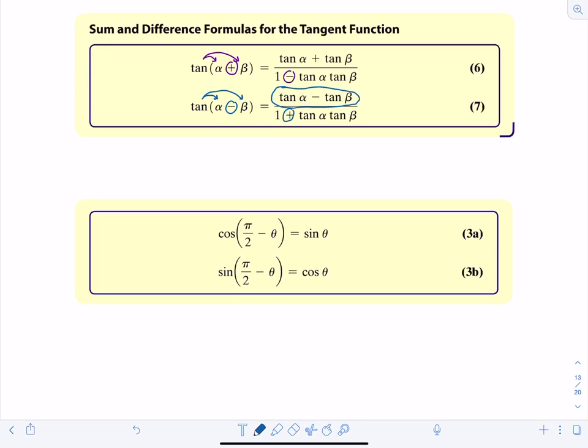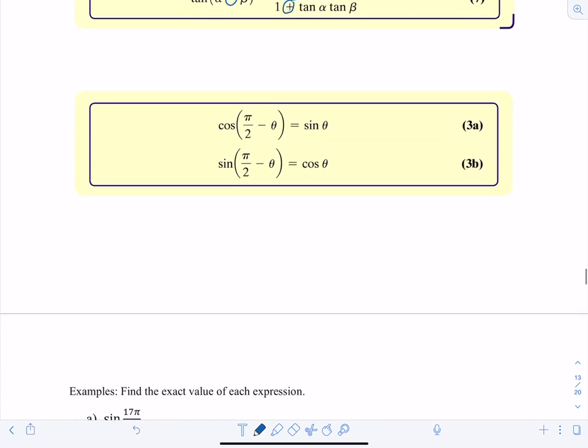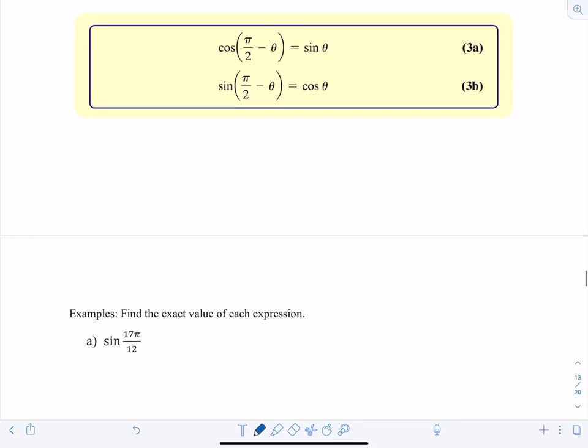The other two talk about the fact that sine and cosine are cofunctions of one another, and you can actually prove them as well using the angle subtraction formula. So I'll show you the first one, cosine of pi over 2 minus theta. Remember for the cosine angle identity formula, it's cos, sine, sine. So that would be cosine of pi over 2, cosine of theta.